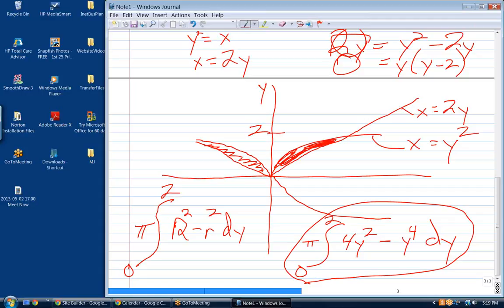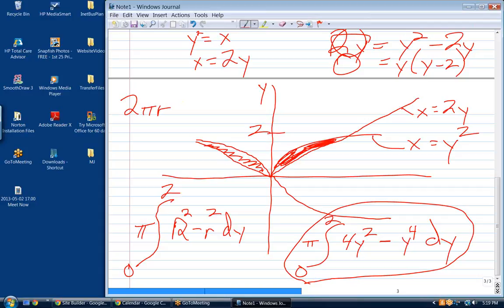So in order to figure out the volume of each cylindrical shell, we want 2 pi r times the radius. Hold on a second. Let me think about this one more time.